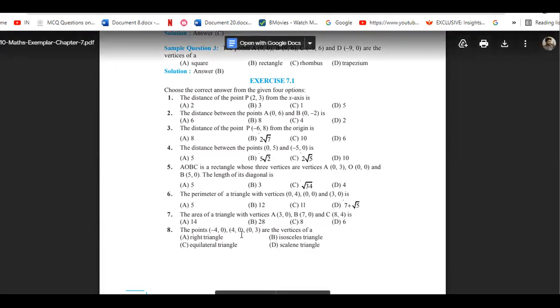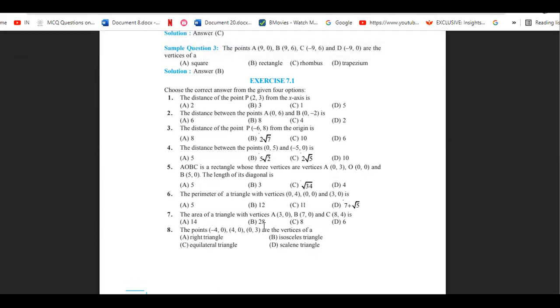And if the square of any 2 sides is equal to the square of the 3rd side, then it will be equivalent to, tell me, a right triangle. Yes, a right angle triangle.